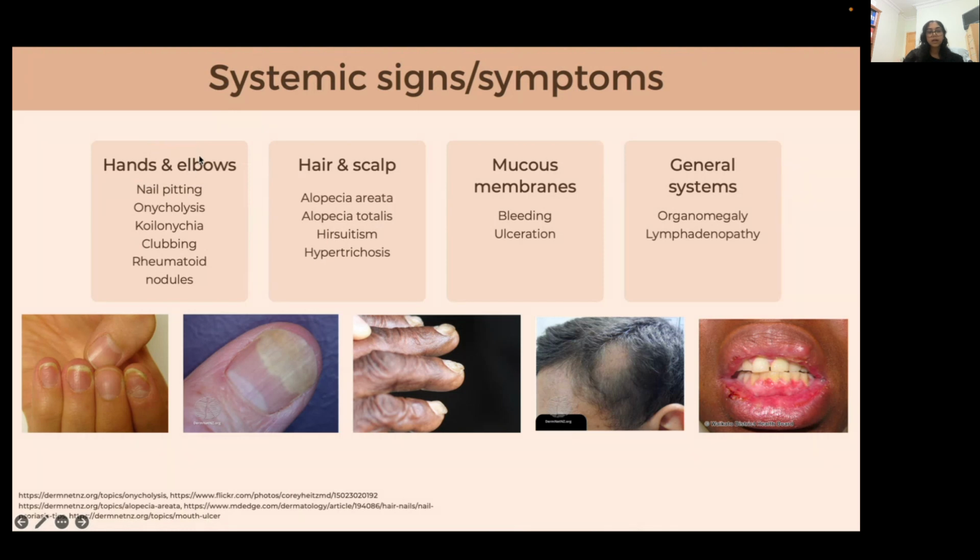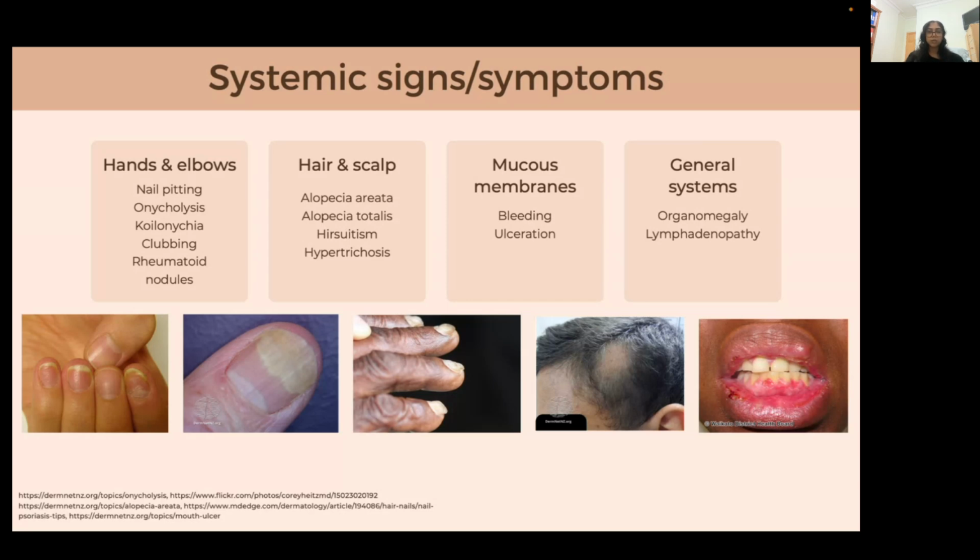When you're looking at the hands, you can look for signs in the nails in particular, things like nail pitting, onycholysis, koilonychia, clubbing as well. When looking at the elbows, you want to look for rheumatoid nodules. So if you're thinking about rheumatoid arthritis, for example.